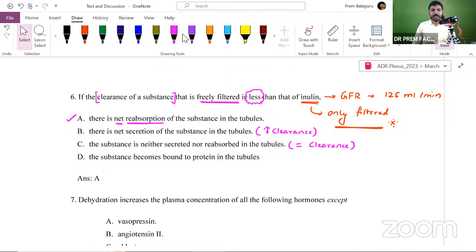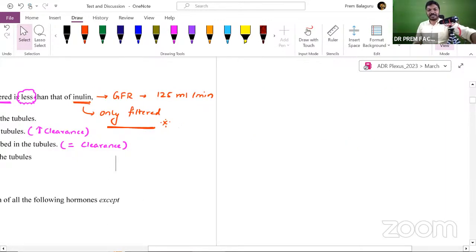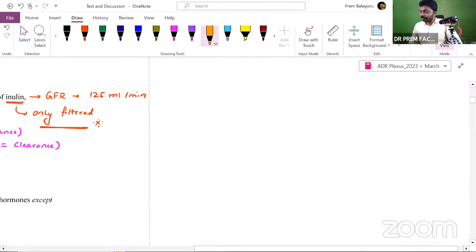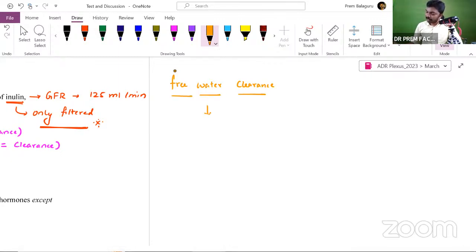So we got a doubt here. We'll address that as well. Free water clearance. All right. Free water clearance is a condition. Let me take a new space here. Now to remember this, when it comes to free water clearance, it tells us how much water is getting excreted.